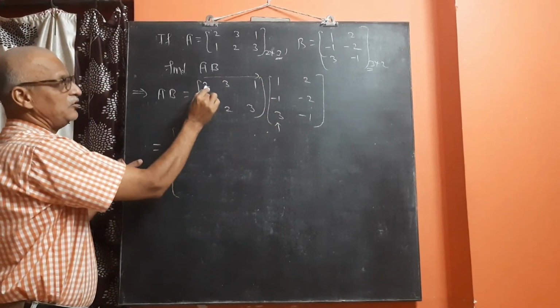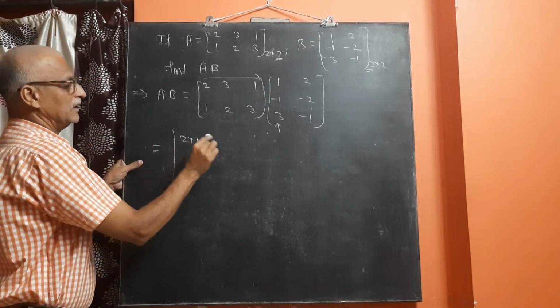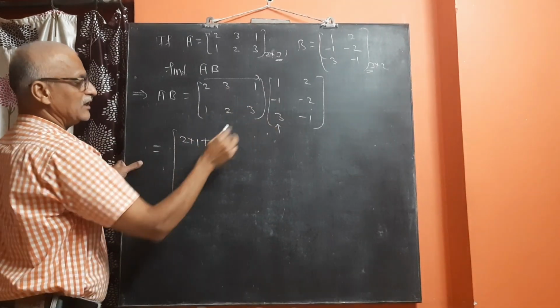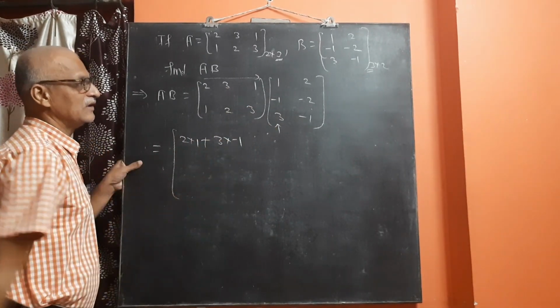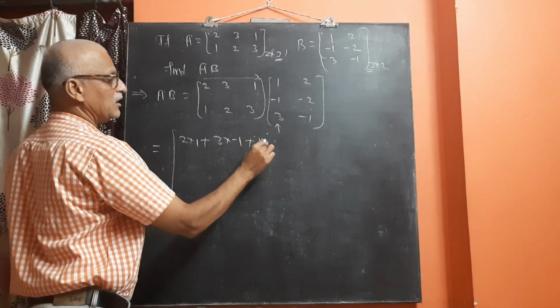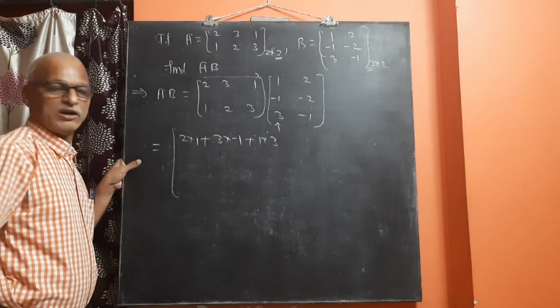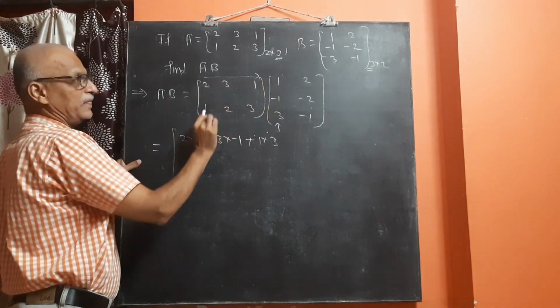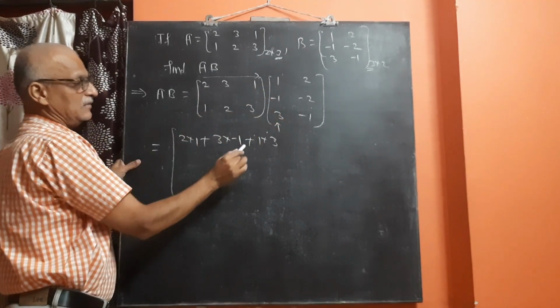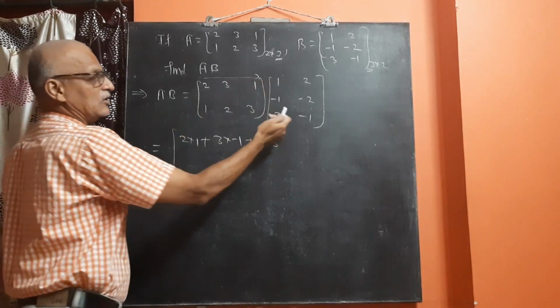Multiply, we get 2 into 1 plus 3 into minus 1 plus 1 into 3. There are 3 elements in the row and 3 elements in the column. So 2 into 1 plus 3 into minus 1 plus 1 into 3. That is first row, first column.